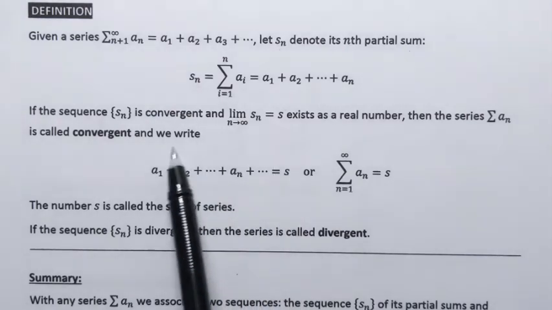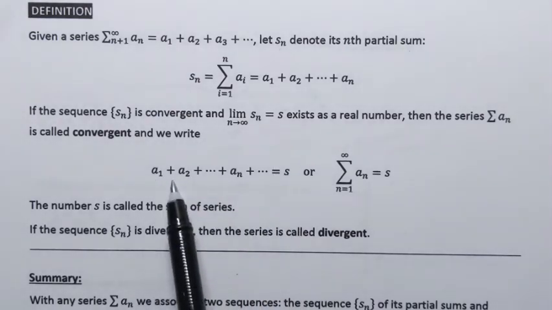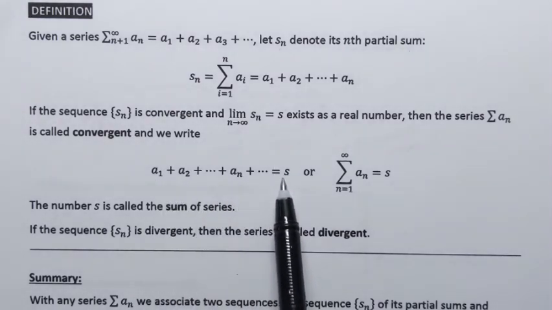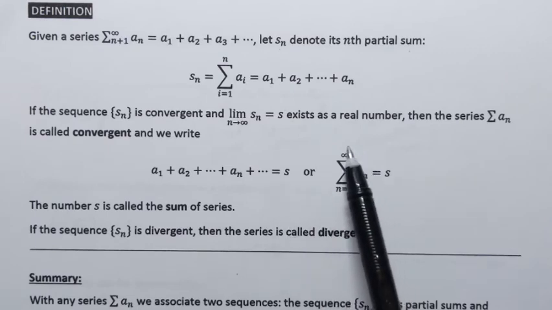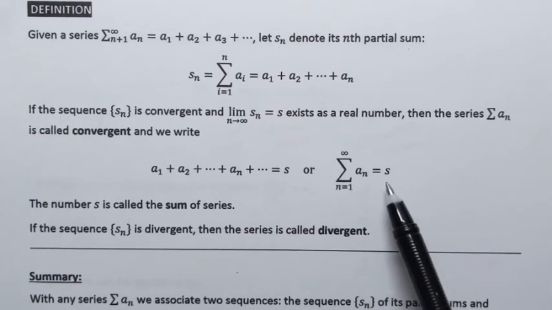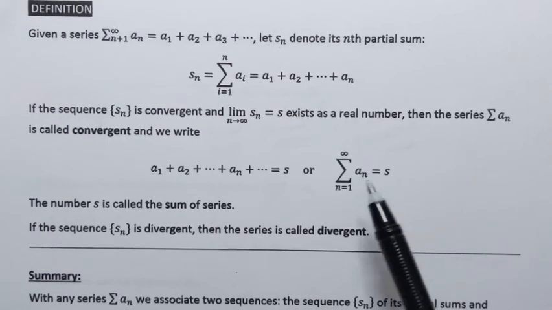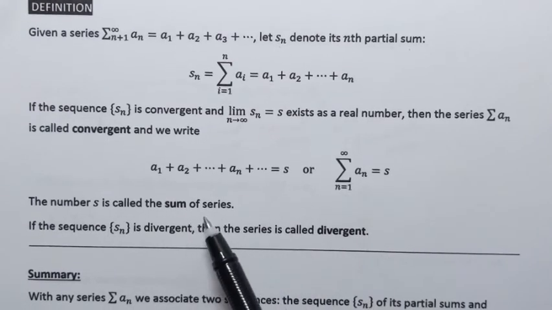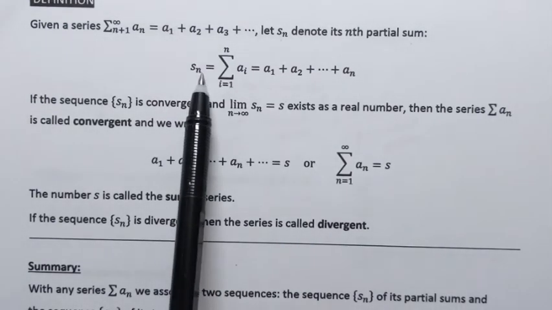And we can write it like that. We can write an expanded form and say that it equals some number s, or we can write it using short notation and then set it equal to s. And this number s is called the sum of the series. So that's when you find the sum of infinitely many terms. However, when the sequence of the partial sums is divergent, right?